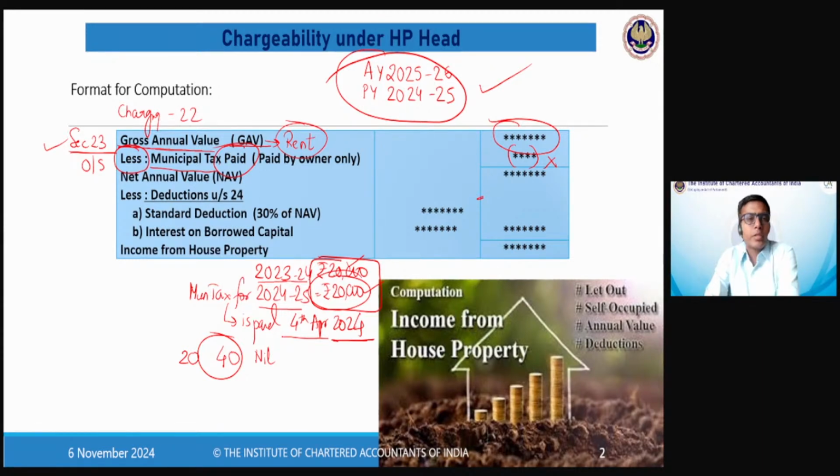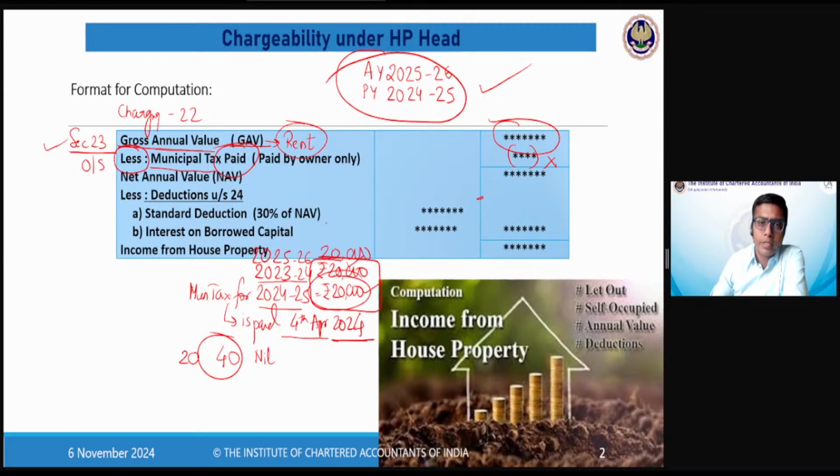So students, it is 40,000. Now I have a follow-up question from Kasak. Sir, what will be the answer if, let us say, in this question, you have paid 2025-26, 20,000 tax in the current year, which means you have paid tax in advance.